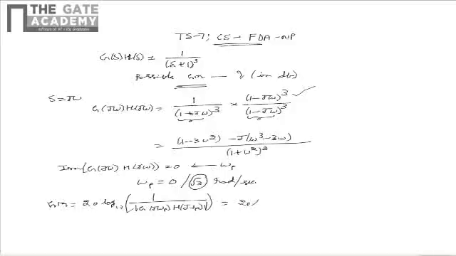This can further be simplified as 20 log 10 1 by (1 plus j root 3) whole cube, and here we need to consider the absolute value of the denominator, and upon simplifying this becomes 20 log 10 8 dB. From this we see that the gain margin of the given control system is 20 log 10 8 dB. Hence the correct option which represents the gain margin of the given control system is A.